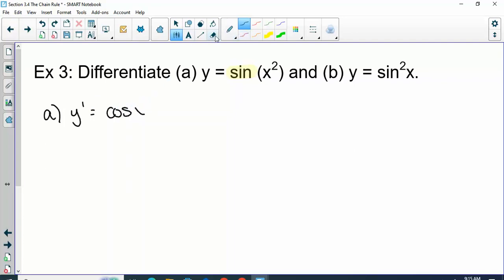Inside stays the same. The inside here meaning my angle. So it's still an x squared. Times, since it's not just a cosine of x, since the angle is something else, we need to do the derivative of the inside. So what is the derivative of x squared? 2x cosine of x squared.